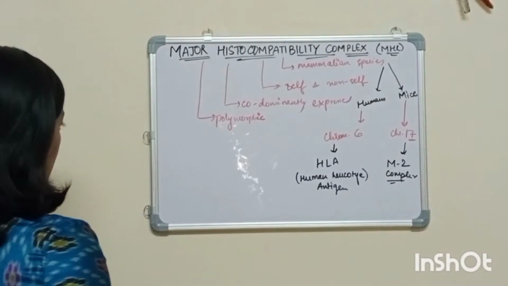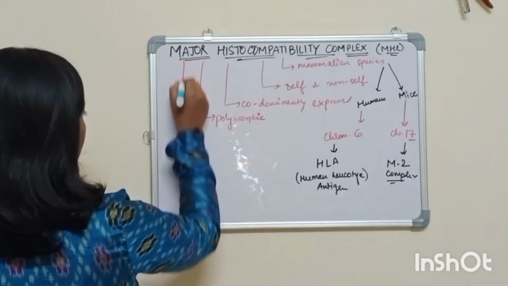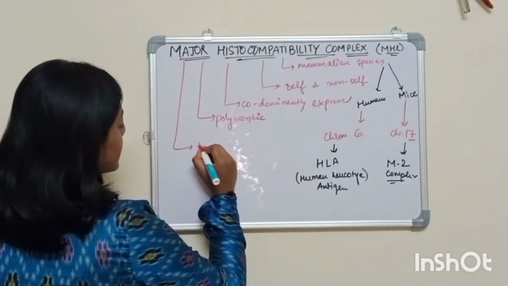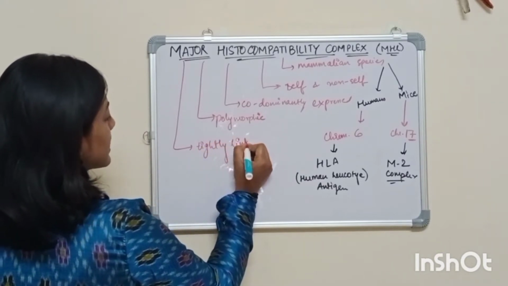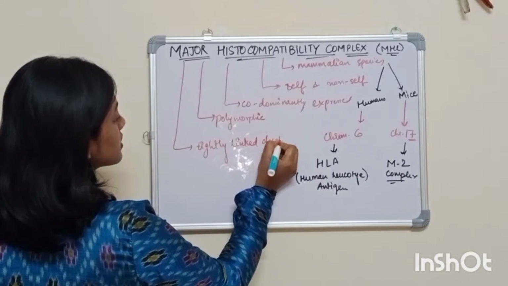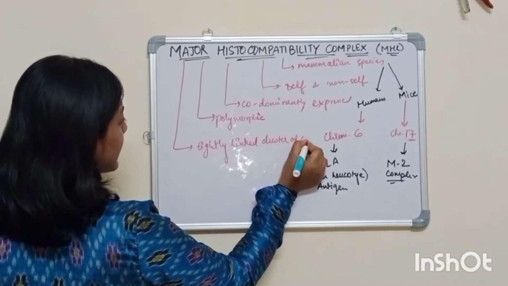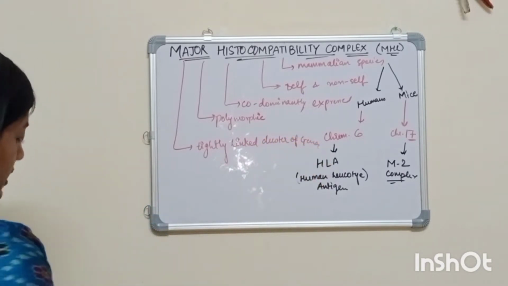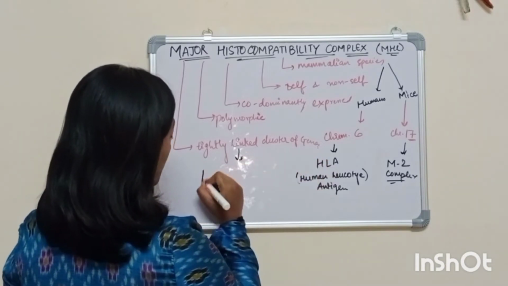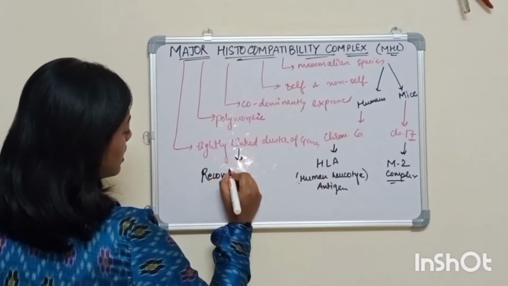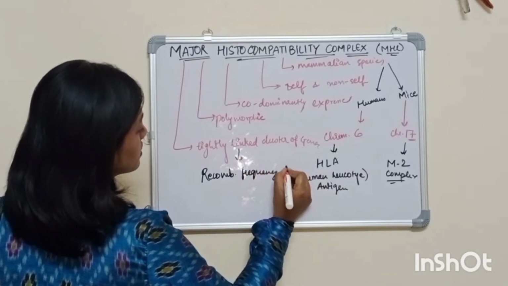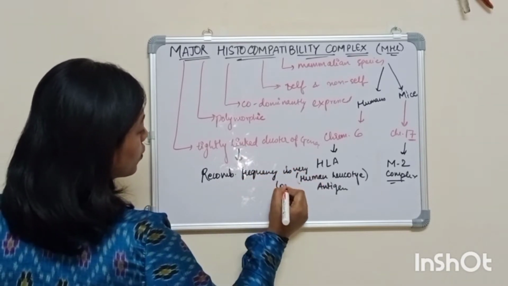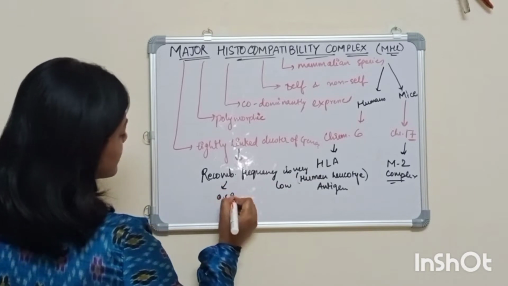Major histocompatibility complex is a tightly linked cluster of genes. As they are tightly linked, their recombination frequency is very low, about 0.5% around.